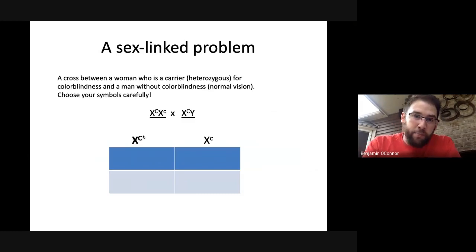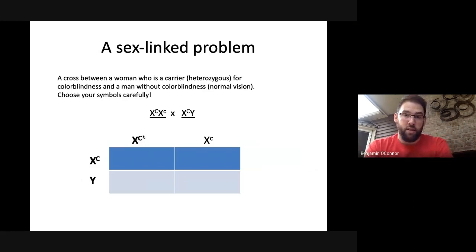So this is the woman's alleles up on the top, and this is the male's alleles on the side. Try to fill this out on your own, but just to think of the top left square, what's going to go in there? The mom's going to pass down that X big C, and so is the father.